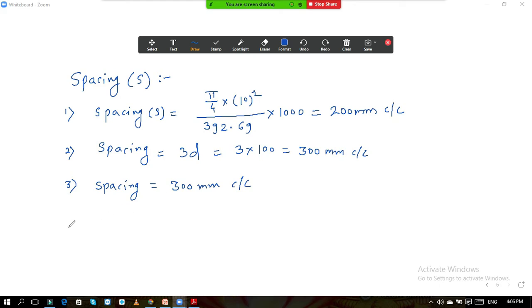We choose the minimum value, which is 200, so we can write: provide 5 bars of 10 mm diameter at 200 mm center to center. So this is our reinforcement.